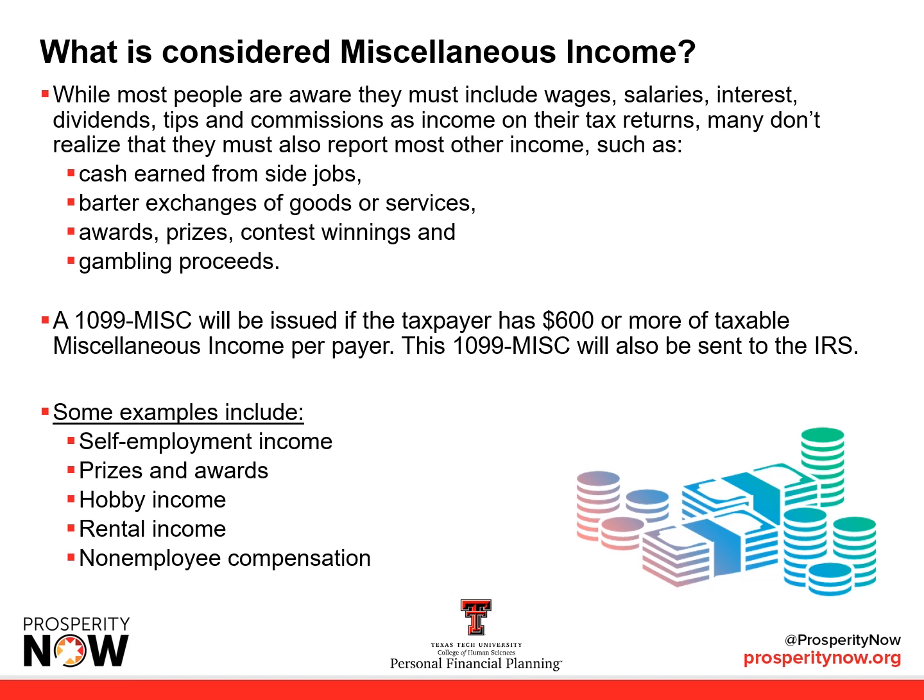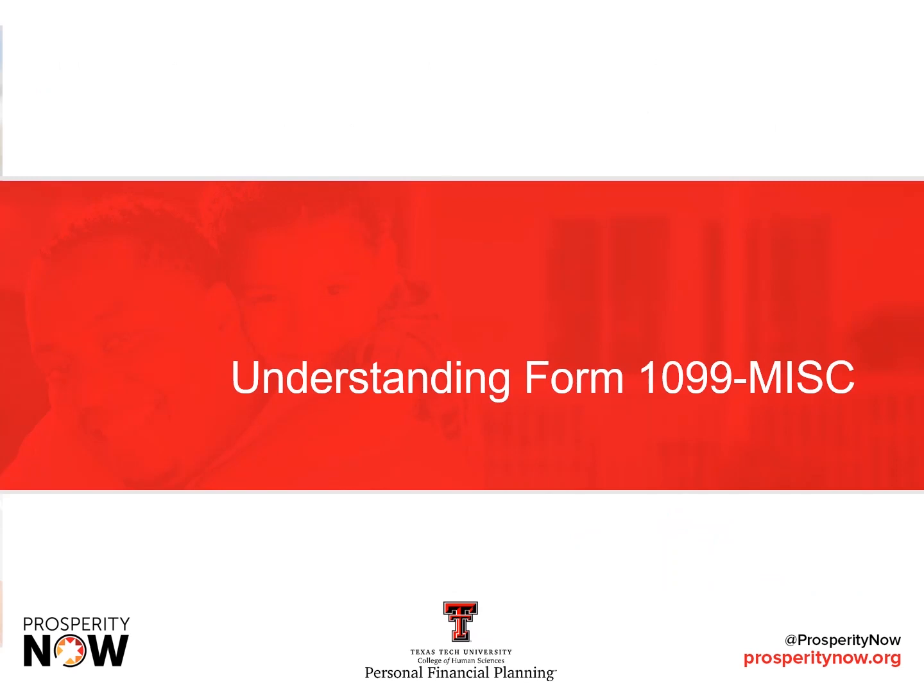A 1099 miscellaneous will be issued if the taxpayer has $600 or more of taxable miscellaneous income per payer. This 1099 miscellaneous will also be sent to the IRS. Some examples of this miscellaneous income include self-employment income, prizes and awards, hobby income, rental income, and non-employee compensation.